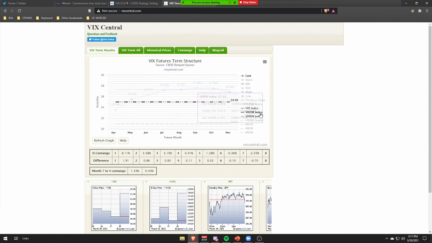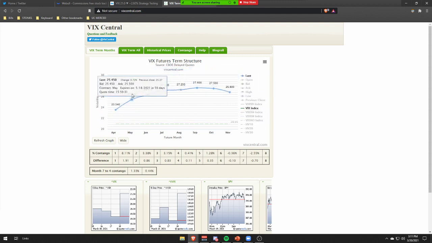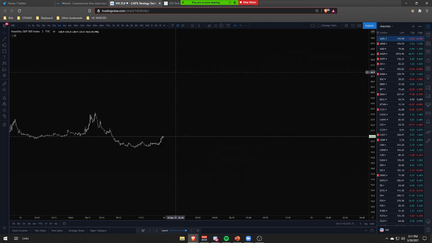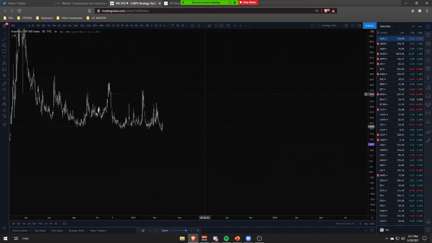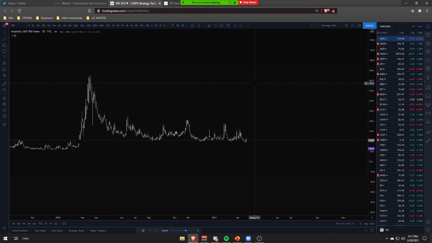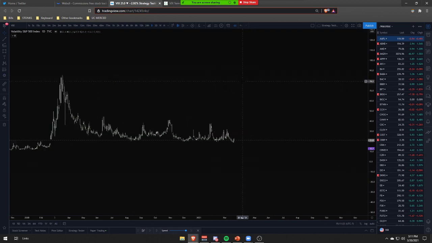So I typically look at this probably every 2 weeks, every week, beginning of the week, just to see where we are, what's predicted in the future through VIX. Because if you were to look at VIX on the daily, you can't really see much, right?